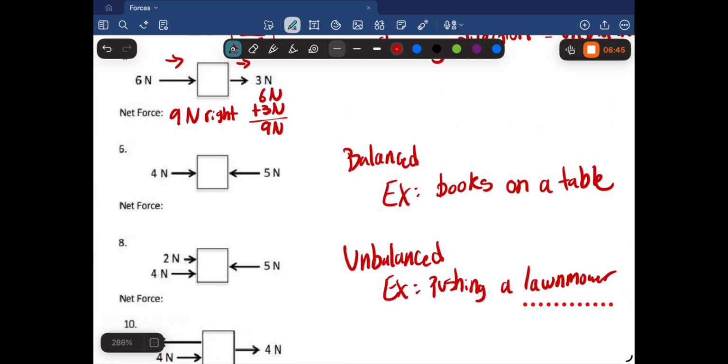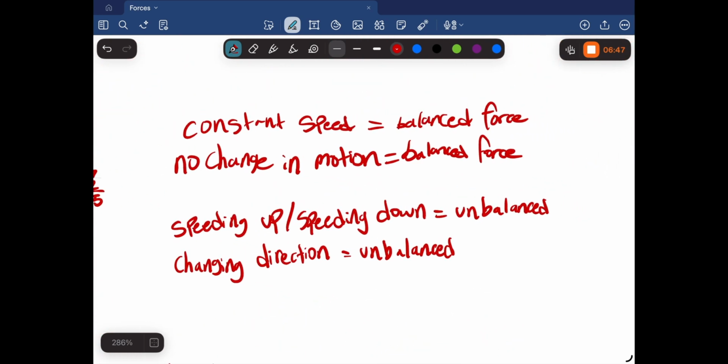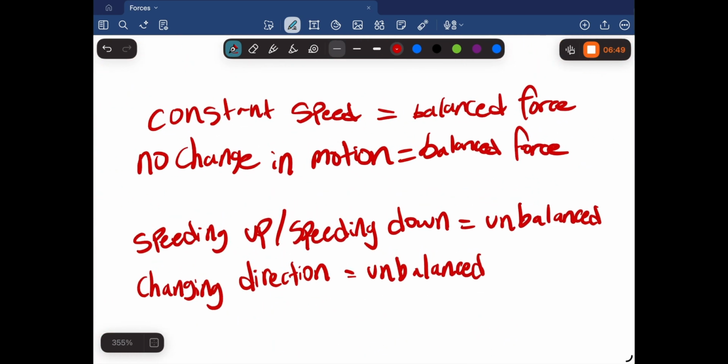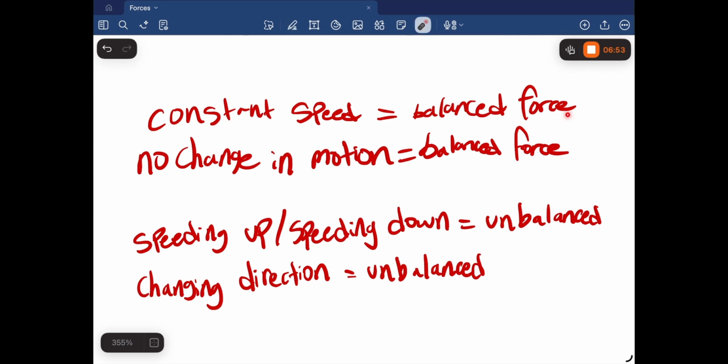Now, I also want to talk a little bit about what it means to be balanced and unbalanced. So, I want us to focus here with balanced, okay? If something is going at a constant speed, so not changing speeds, same speed, not changing direction, in other words, it would have the same velocity.